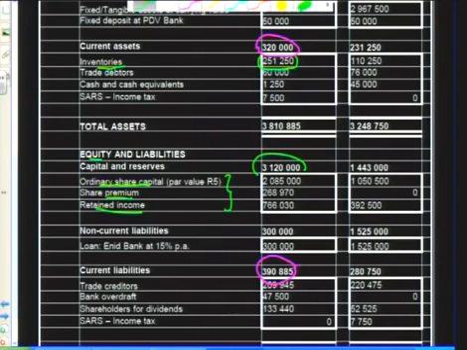My ordinary share capital is given to me. Let's just quickly get a different color pen. So that's my ordinary share capital, and the amount 2,085,000. And I also need par value, which is given to me as well. Par value is 5 rand. So by taking my ordinary share capital divided by 5 rand, I'm going to get the number of shares issued.